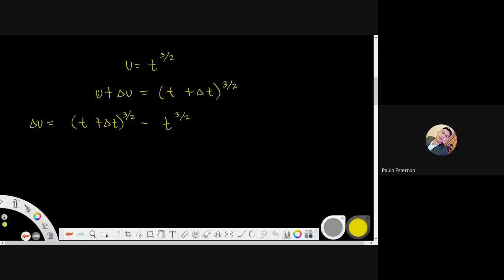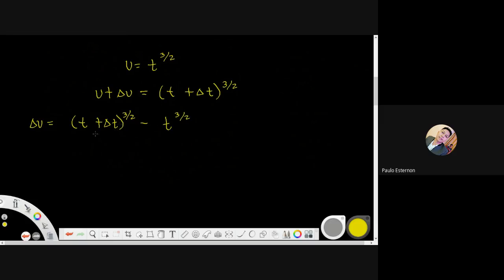So we do the addition property and add negative u on our left side and also add negative u to the right side of our equation. And that negative u is also equal to negative t raised to 3 halves. So let's simplify this and expand this t plus delta t raised to 3 halves.